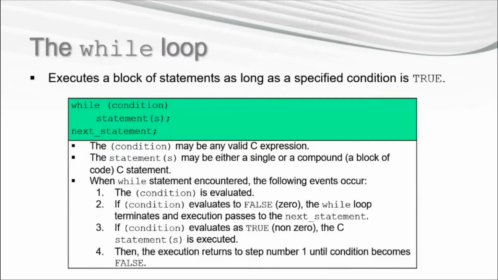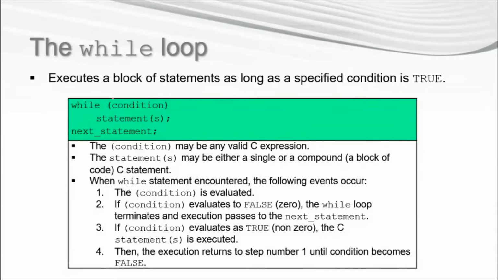A common way in which the while loop is given inside a C program is like this: while, then within brackets we have to give the condition. The condition can be any logical condition, any expression that will be evaluated to a true or false, or a non-zero or zero value.